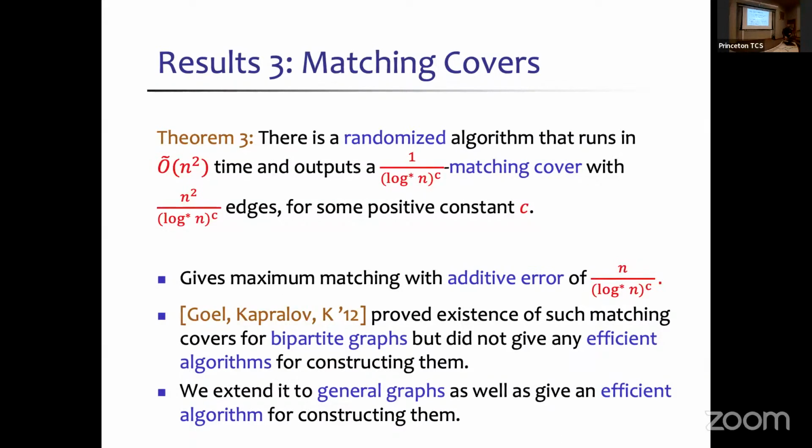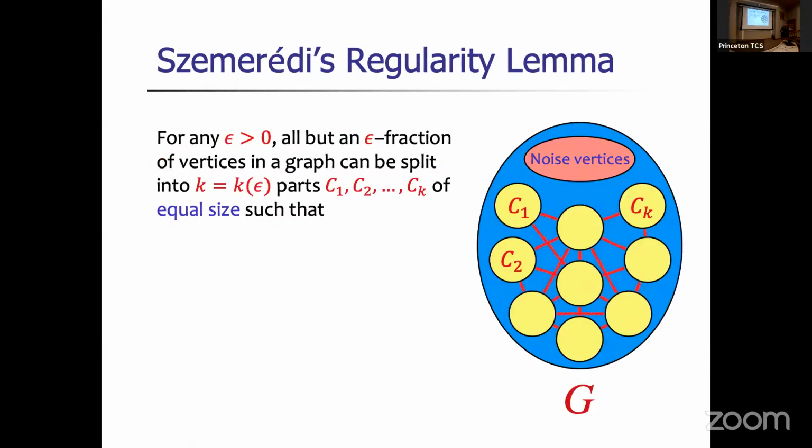Okay, so how do we construct these matching covers? Our starting point is going to be Szemerédi's regularity lemma, and roughly speaking, for our purposes, what the regularity lemma says is the following: if you gave me any parameter epsilon, then I can do a decomposition of the graph where we'll put aside some epsilon fraction of vertices, but the remaining vertices after that will more or less have some very nice structure.